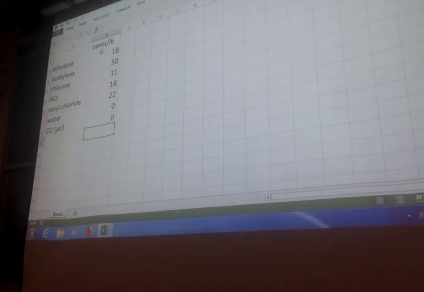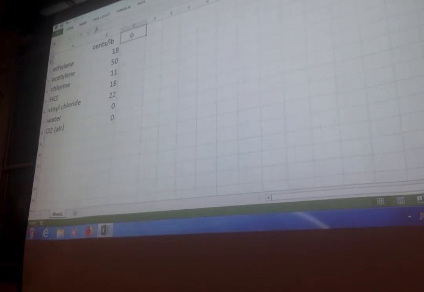But our reactions, our stoichiometry, is in moles. So to do the gross profit, we have to first go to moles. One thing we need to translate is cost per pound mole, and to do that I need the molecular weight.